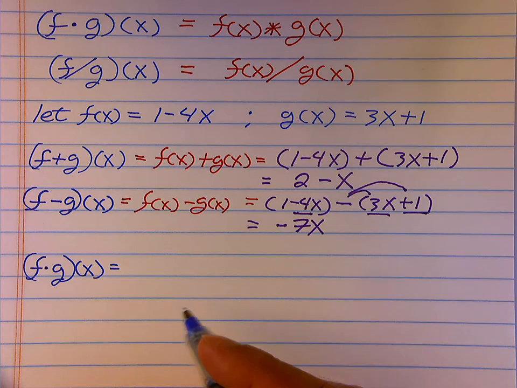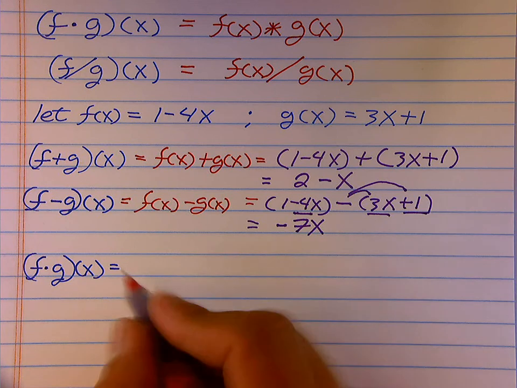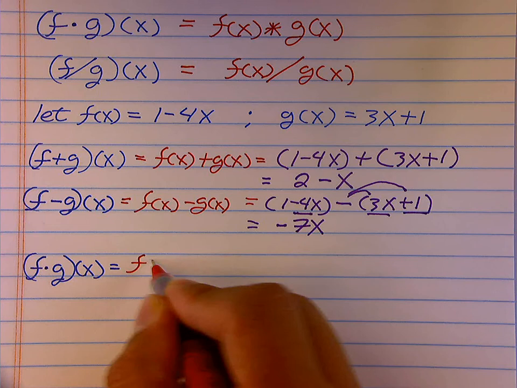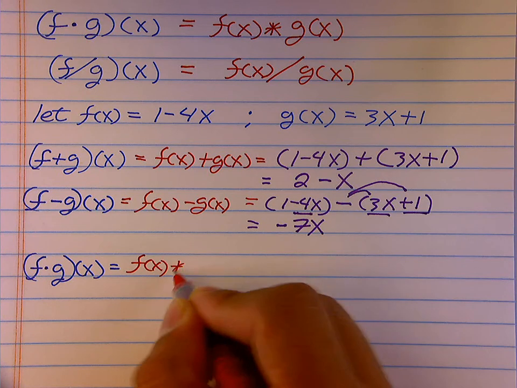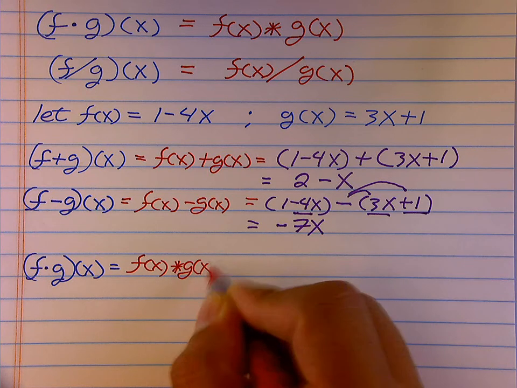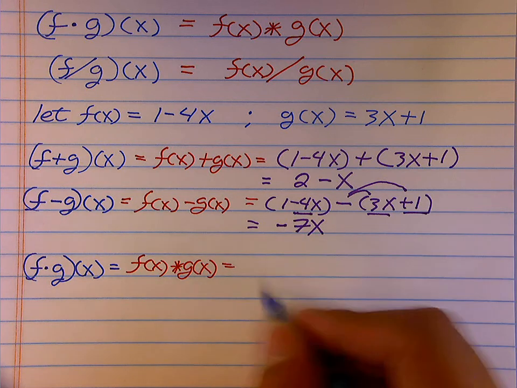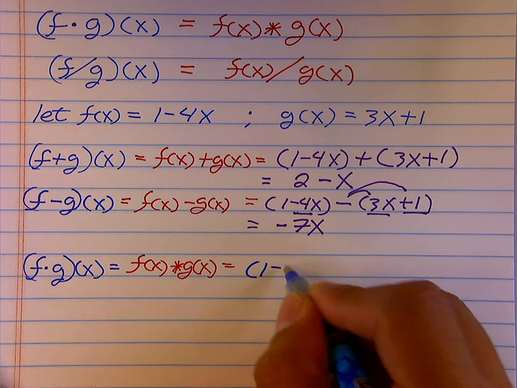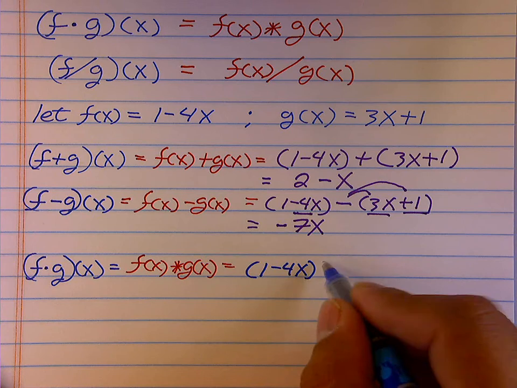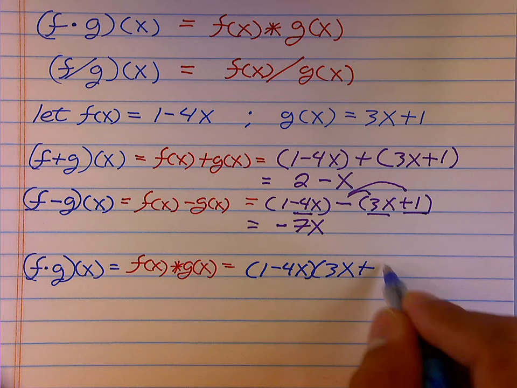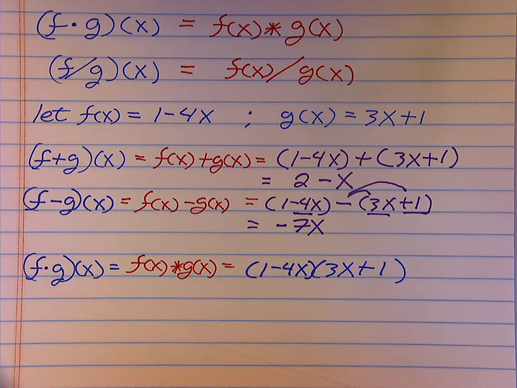Now we're going to do the multiplication, and once again I'm going to rewrite it using the old notation. And I'm going to do my substitution. f of x is 1 minus 4x times, make sure you have this in parentheses always when you do those substitutions. And now I'm going to simplify this using FOIL.